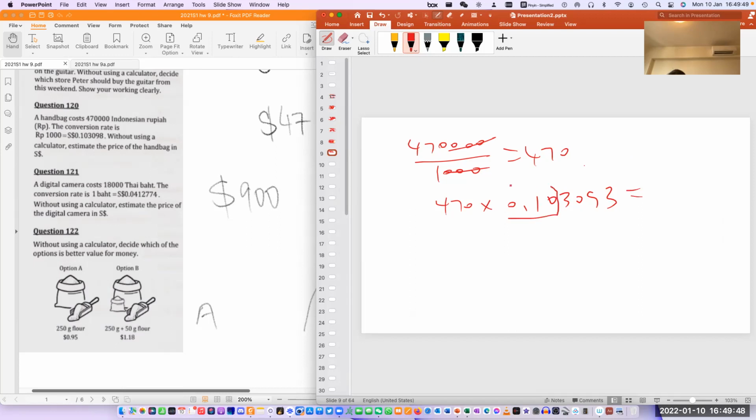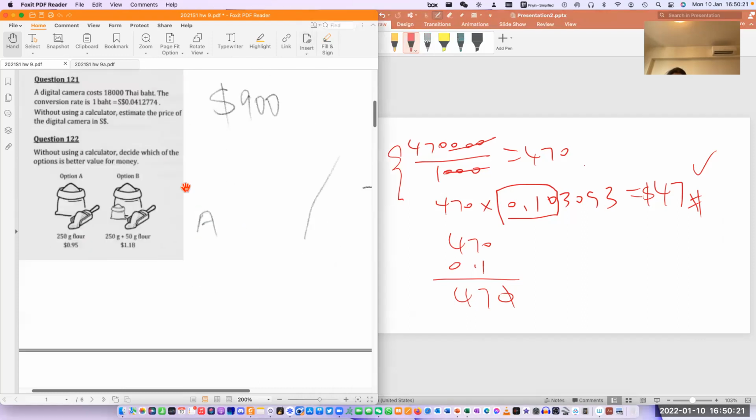You can just use 0.10, so you use estimation. Then 470 times 0.1, you get 47, so $47. These are rounded off numbers, so we estimate the price. The price is $47. So this is the working. Pretty easy. Same thing.